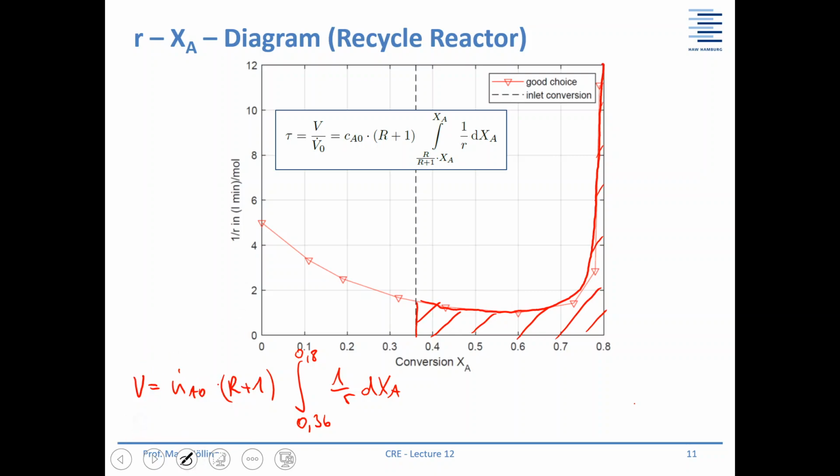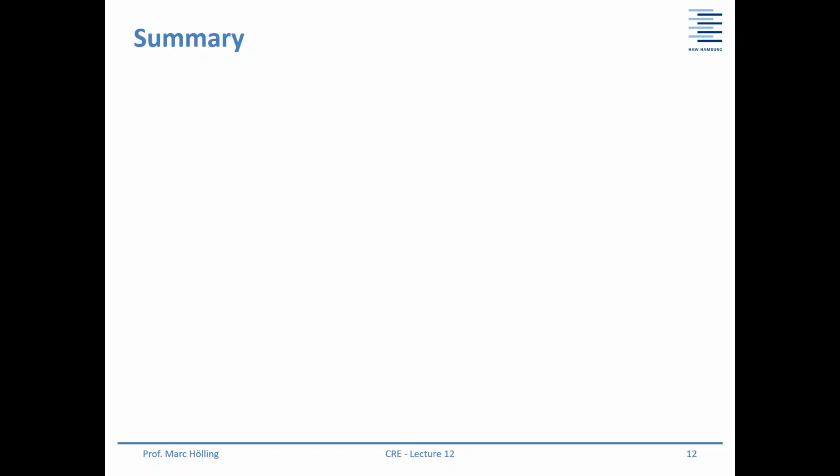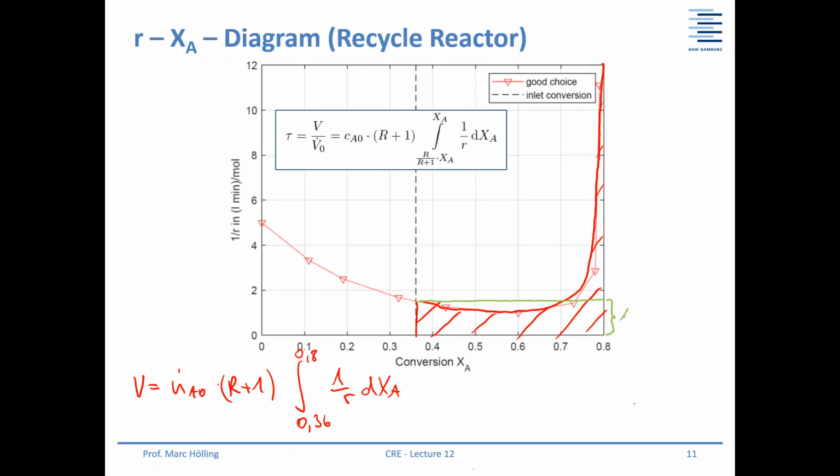There I looked up what Mr. Levenspiel said about it, and he proposed that for an area like this, if you take 0.5 here, then everything should be fine. This would mean that this area here should be the same as this area. If you look at my red line here that I just drew by hand, it's not such a good agreement, but I trust Mr. Levenspiel that he had a good idea on this value.